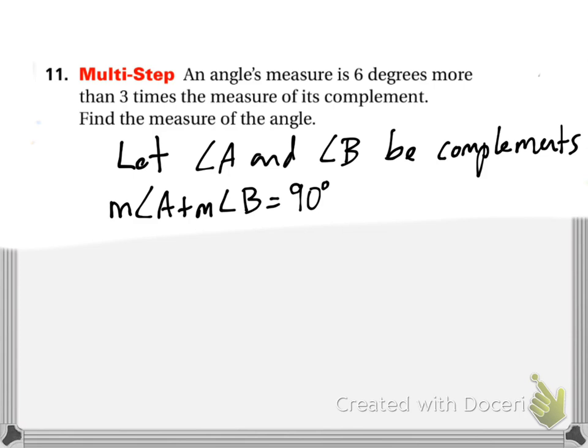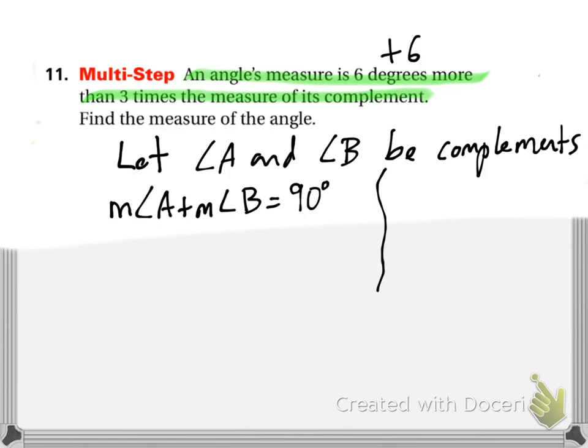But off to the side, we need to make some sense out of an angle's measure is 6 degrees more than 3 times the measurement of its complement. What does that mean? Well, I know 6 degrees more means plus 6, and I know 3 times is just multiplying something times 3.